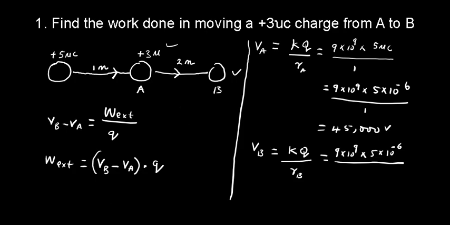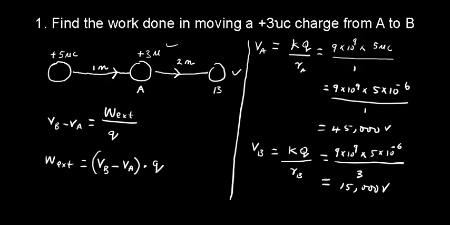When we resolve that, we have 9 times 10 to the 9 multiplied by 5 times 10 to the negative 6 divided by 3, and we are going to have 15,000 volts.